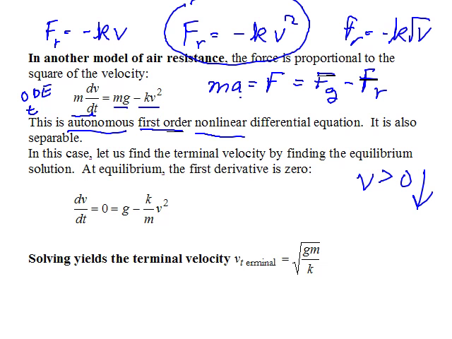Because the function itself, v, appears to the second power. For a linear equation, all the derivatives have to appear to first power only, and they cannot be multiplied or divided together. So here we have a nonlinear equation.